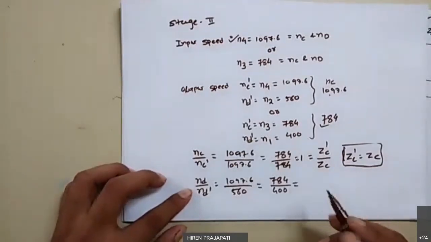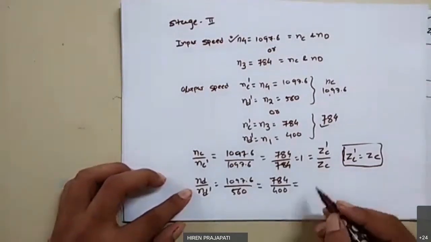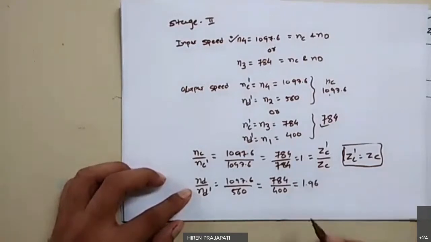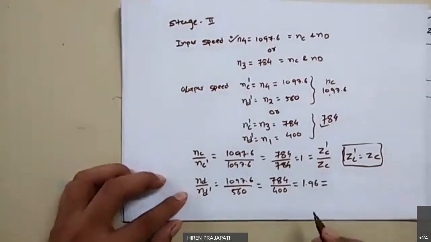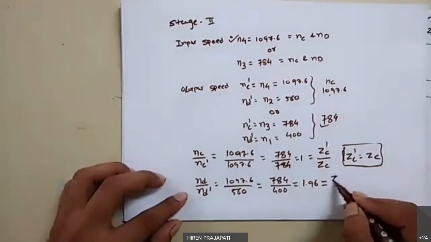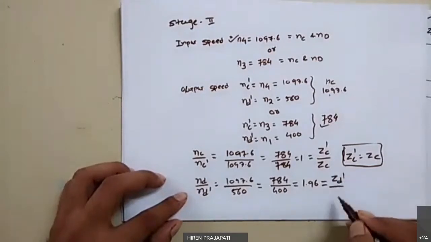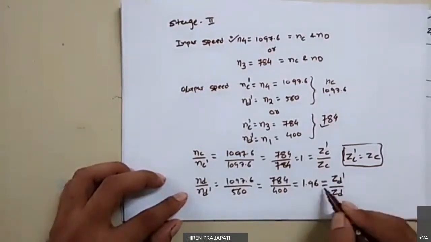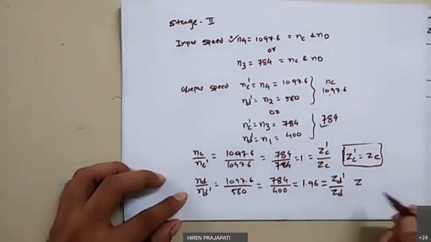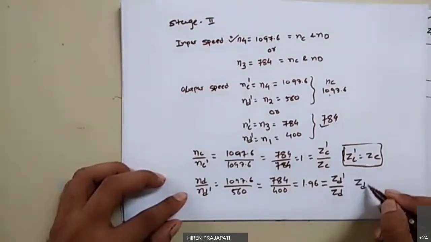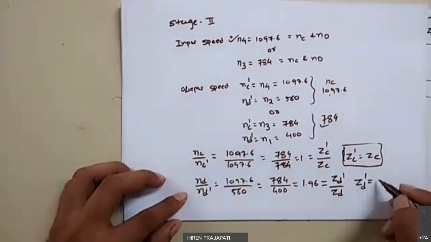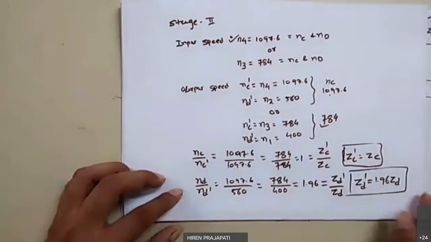Now here we get 5 is to 2, which is 1.96. If I equate this with the number of teeth ratio, then ZD dash divided by ZD is equal to 1.96. Then we can say ZD dash is equal to 1.96 ZD. This is our second equation, right?